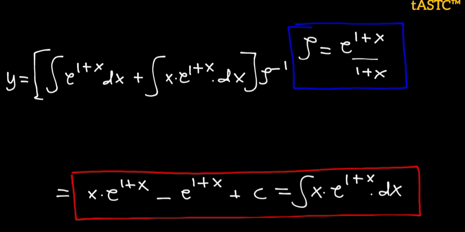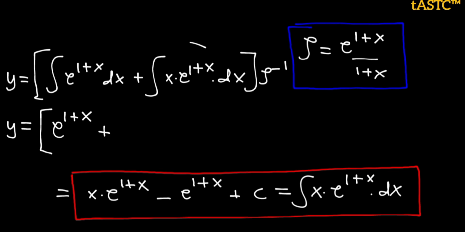So in this case, we need to bring it back into perspective. We need to work the integral of this, which is pretty much this. It's not really going to change. So we're going to have y be equal to the integral of e to the power of 1 plus x, and that is going to give us e to the 1 plus x. That is what we're going to have there.